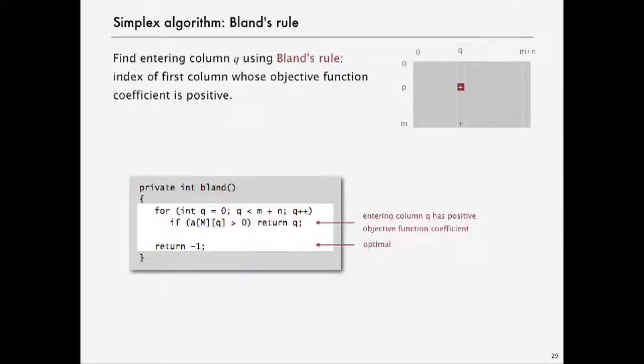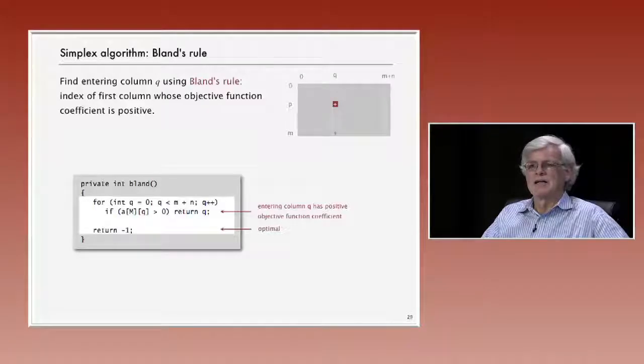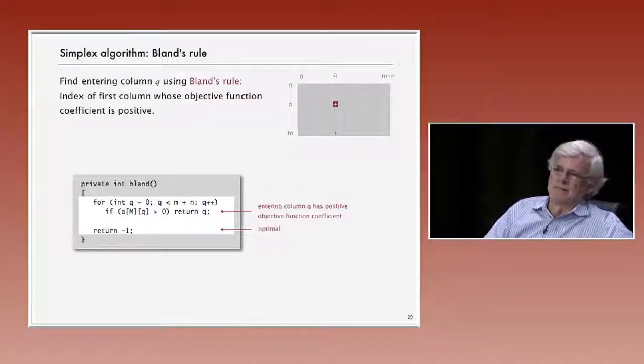So now we have to find the column that we're going to pivot on. So we're going to need to pivot on some entry in the array. It's going to have B in row P and column Q, and the rule we've given is called Bland's rule.